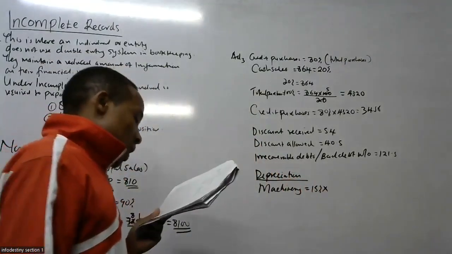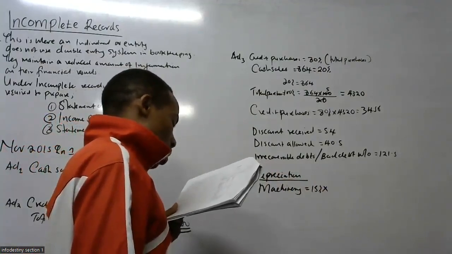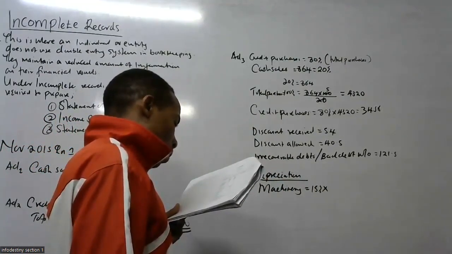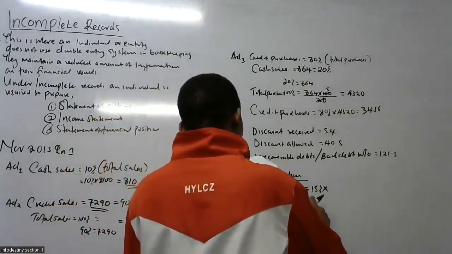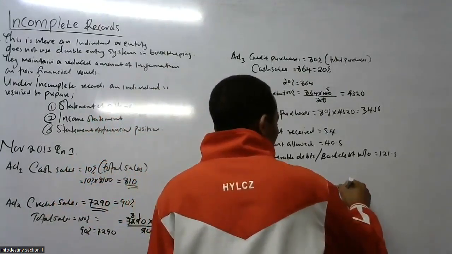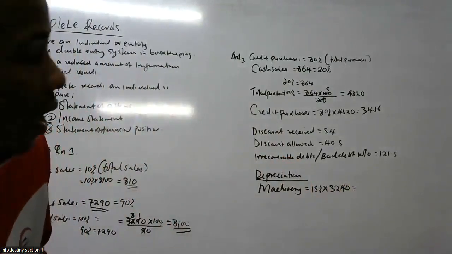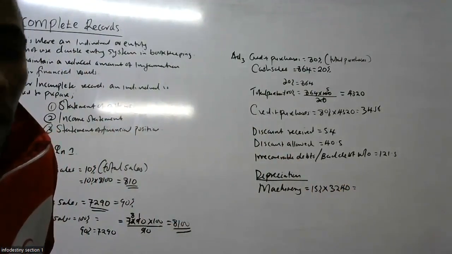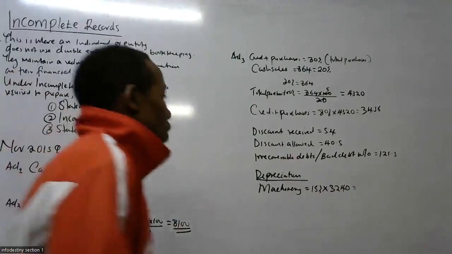That means you take the rate multiplied by the cost of machinery, not equipment, sorry, machinery. The cost of machinery is 3240. We have 15% multiplied by 3240, and that will give us 486.